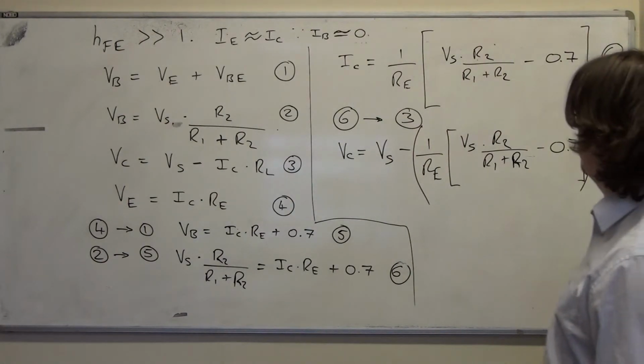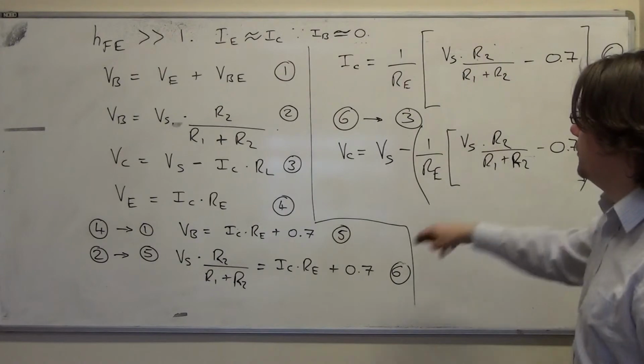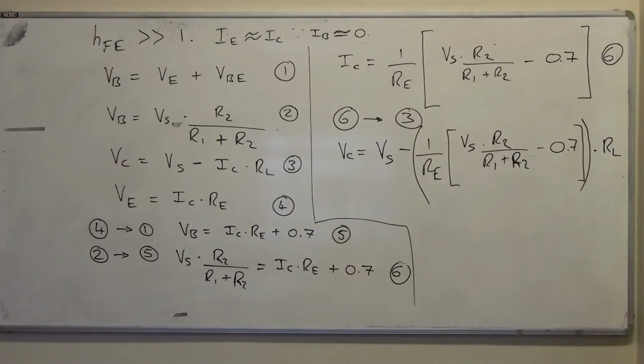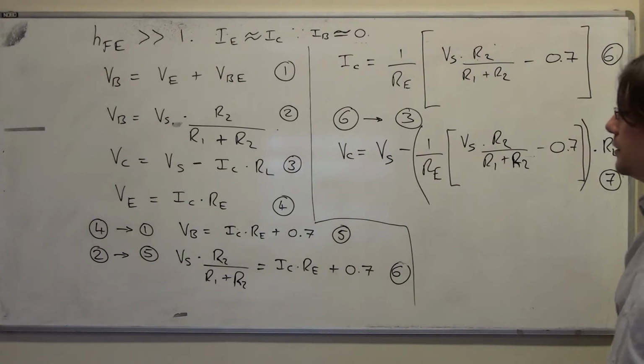Yeah, that's okay. So it's just this lot has dropped in place of IC. So that gives you a value for VC, and I suppose if you wanted to, you could call that equation 7.